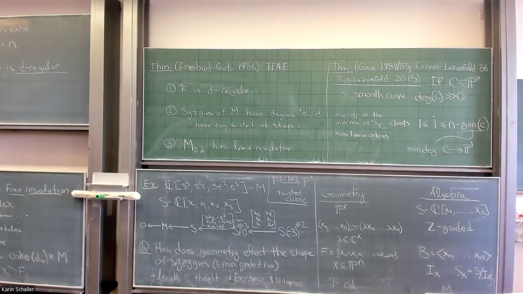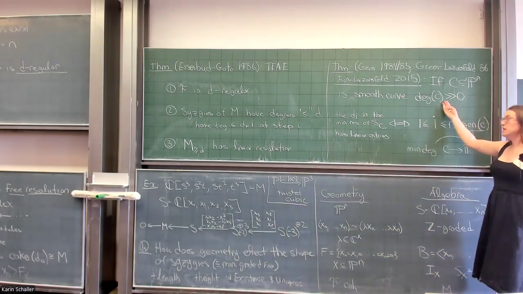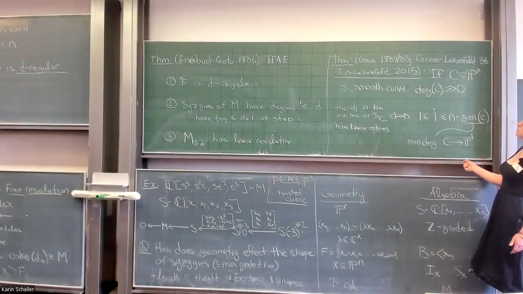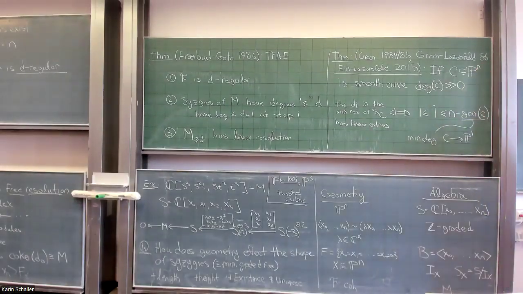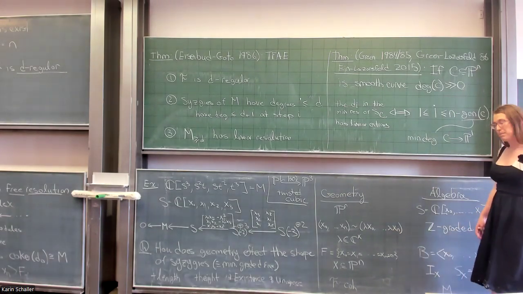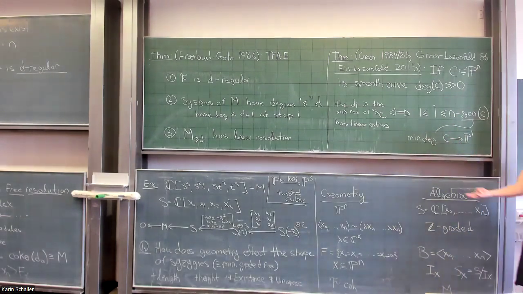So if you gave me a curve of large enough degree and you gave me its minimal graded free resolution and you said this curve lives in P^10, I could tell you something intrinsic to the geometry of that curve, which I find quite shocking. And this is part of a much longer and beautiful story. For example, you can look at Green's conjecture, which describes the relationship between the syzygies of a canonically embedded curve and the Clifford index of that curve.